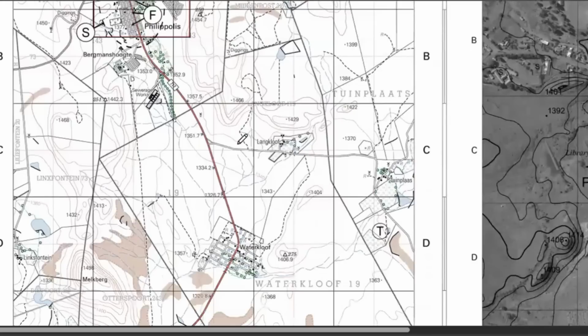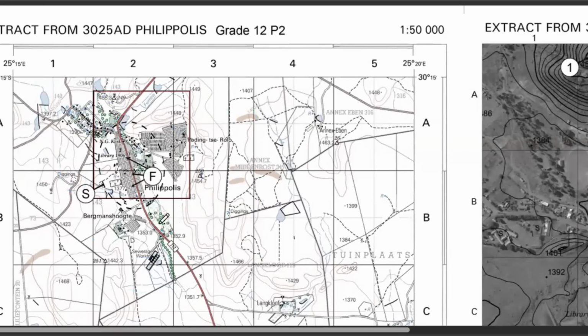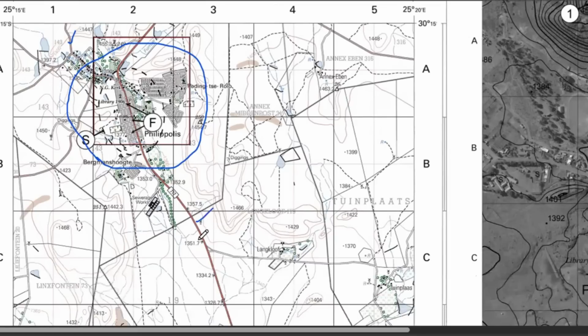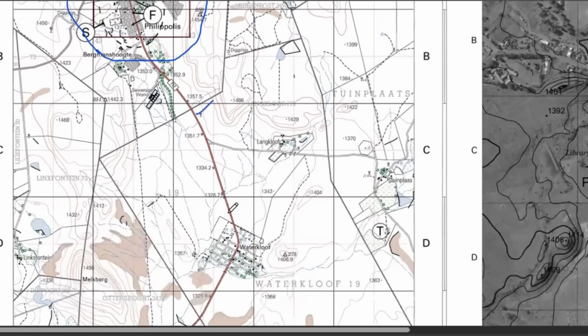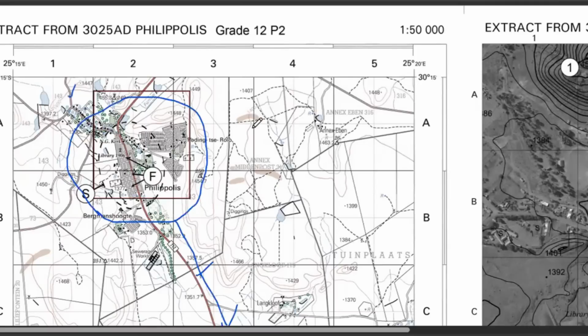If there were no transport links, the sphere of influence would just be the close surrounding area of Philippolis. But now, because we have these routes and also this major route here, people from as far as here can now travel to Philippolis to get goods and services. So if we have transport routes, it's going to extend the sphere of influence.